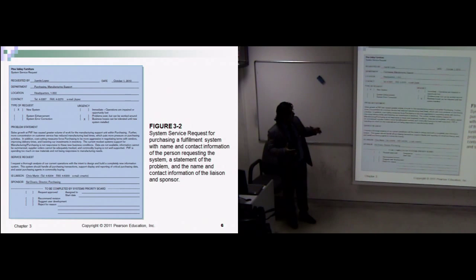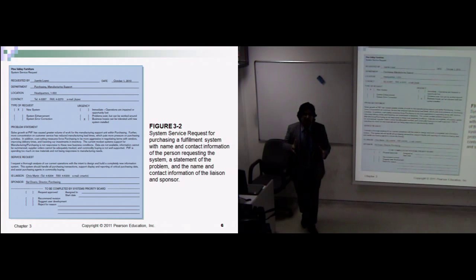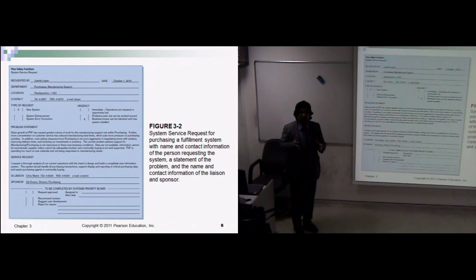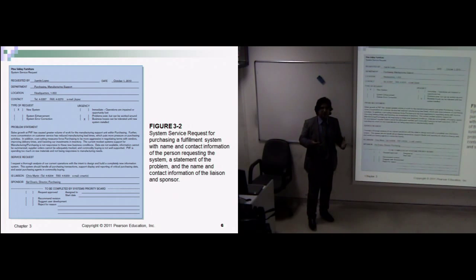Then there are contact details, of course, and then we saw that there is the type of request. Either they want to develop a new system, or they want to make changes, upgrade or modify the existing system. So whatever their requirement is, they make a tick mark here like this. So this can be considered as their requirement.